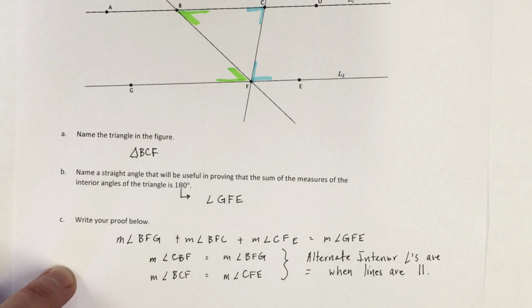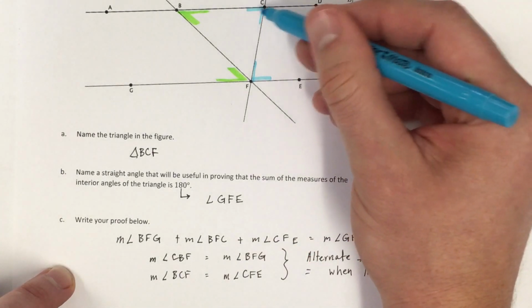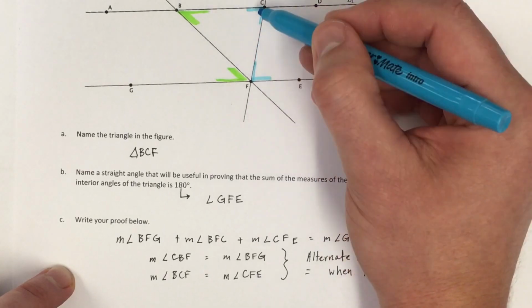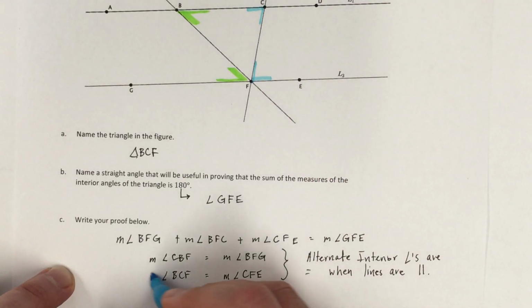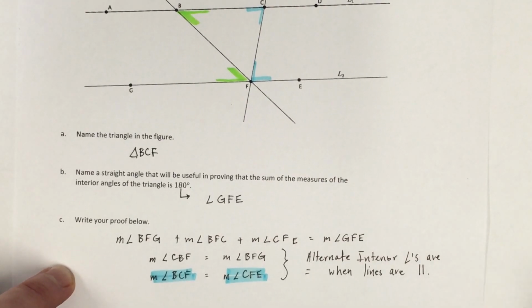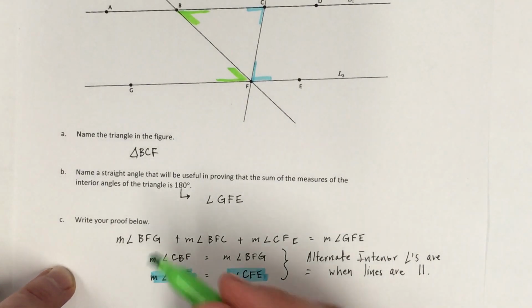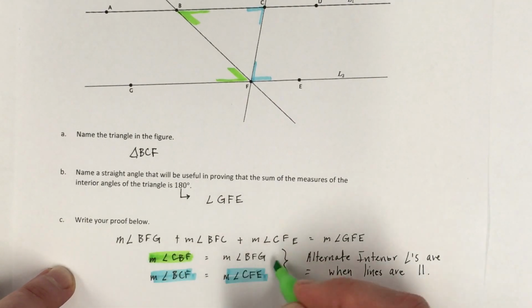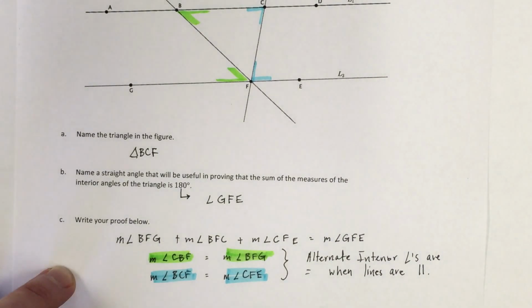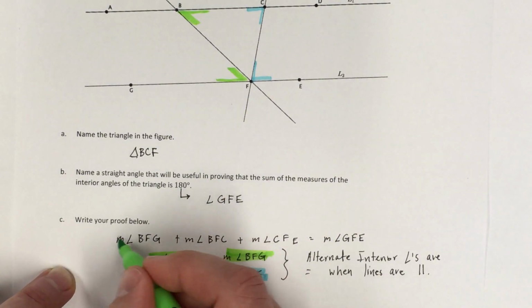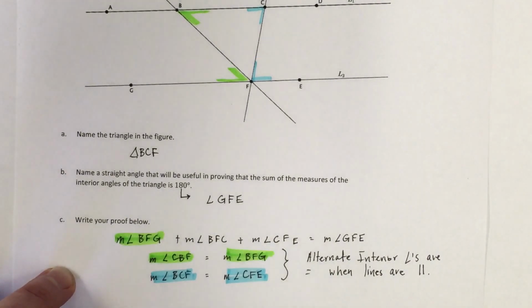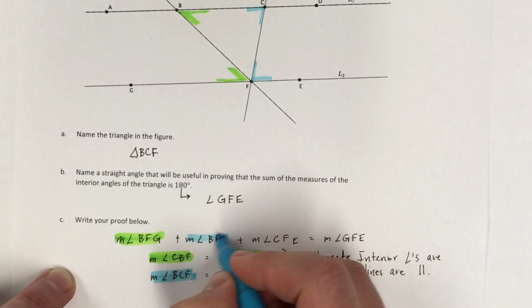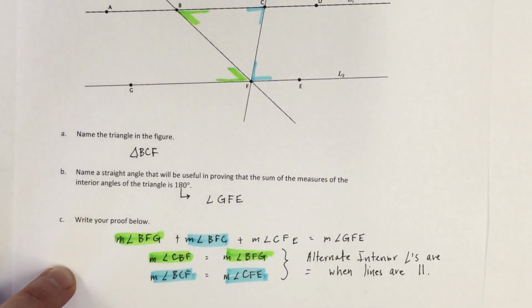Okay, so if we color code these, this may be very useful and helpful. I color coded the blue, so BCF is blue, so these are my blue angles. These are my green angles. And this is just going to aid you in making the substitutions.